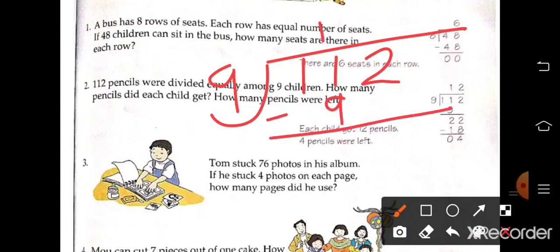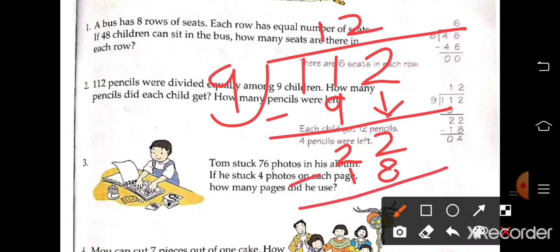So here 2. Now bring down this 2 here. 9 twos are 18, 9 threes are 27, which is more than 22. So 9 twos are 18. Subtract, 4. Okay, so each child got 12 pencils and 4 pencils were left.